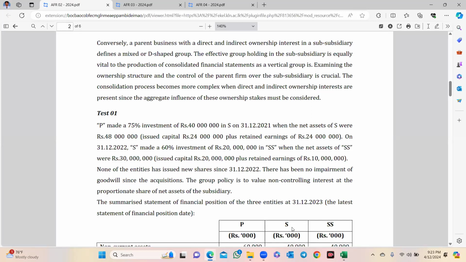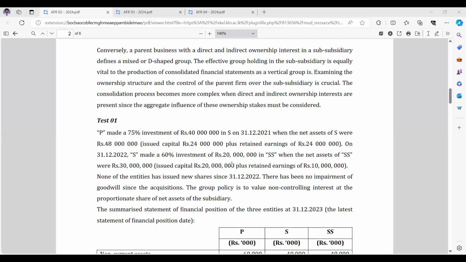P, S, and SS. Again, back to the question, please. P made a 75% investment, so the cost of control account is needed.